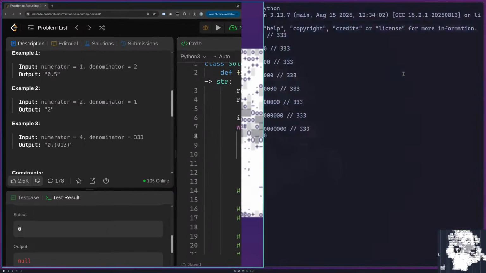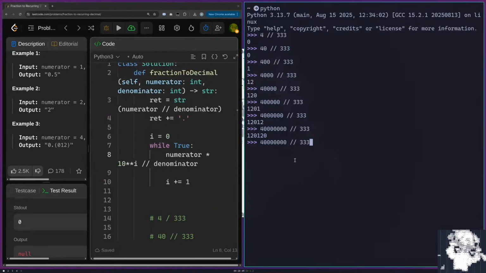But would this just not work if I had more than a 2-digit number? So let's say I had 46 divided by 333. 0138138. And then let's say, or I mean, can I do 134?